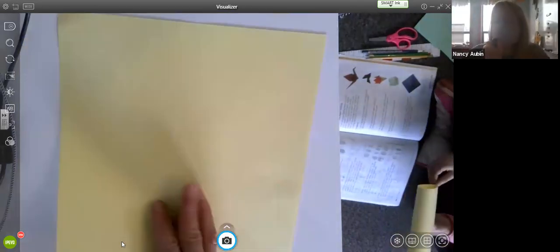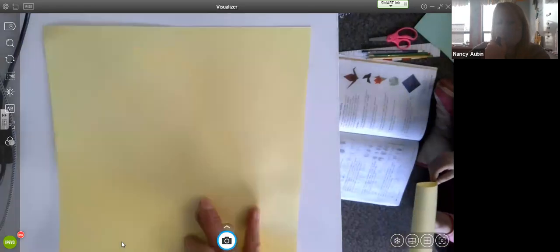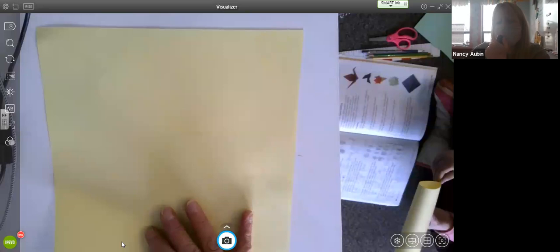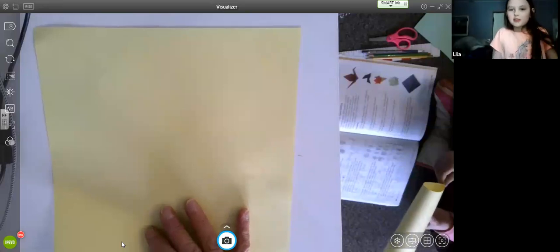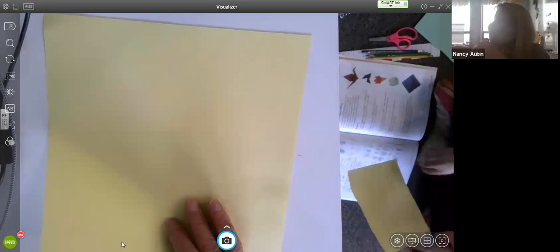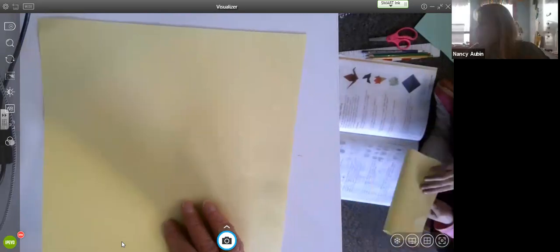Corner to corner or side to side? Corner to corner. Okay, if you go corner to corner, either way could look like a taco, but corner to corner would be diagonal.